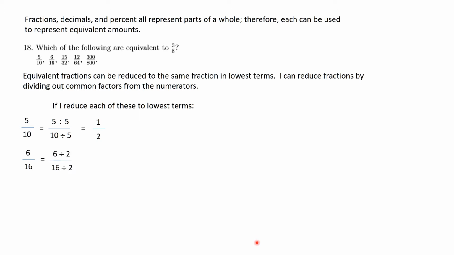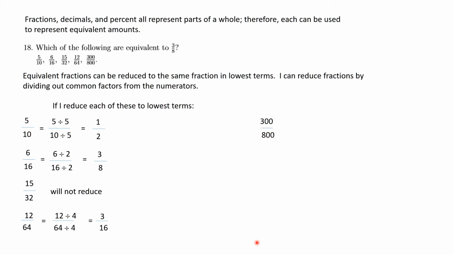6/16, both the numerator and the denominator are divisible by 2. This reduces to 3/8. 15/32, there is no common factor, so 15/32 is in its lowest form. 12/64, I can divide the numerator and the denominator both by 4, which reduces the fraction to 3/16.